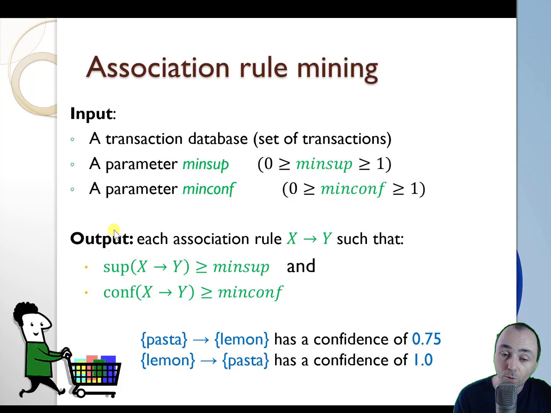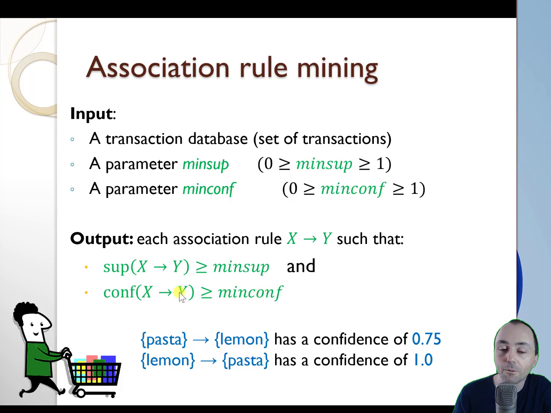And the output, our goal, is to find all the association rules of the form x imply y such that the support is at least the minimum support and the confidence is at least the minimum confidence, greater or equal.